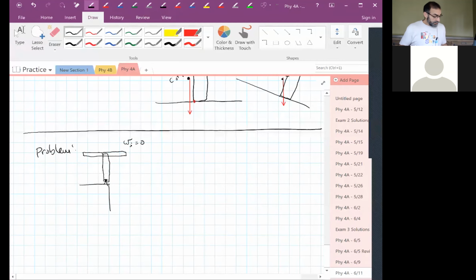It's released from rest, and at some later time, it is toppling over.